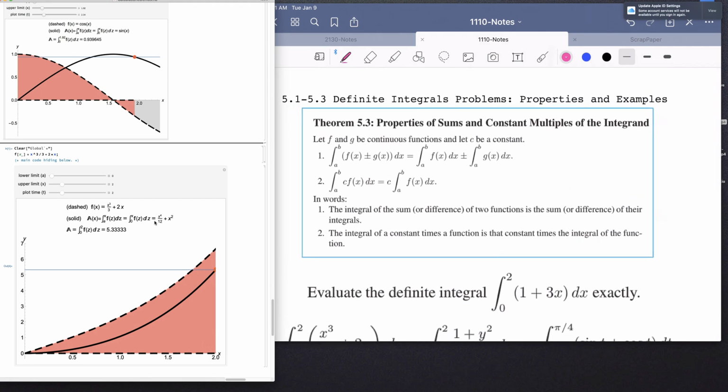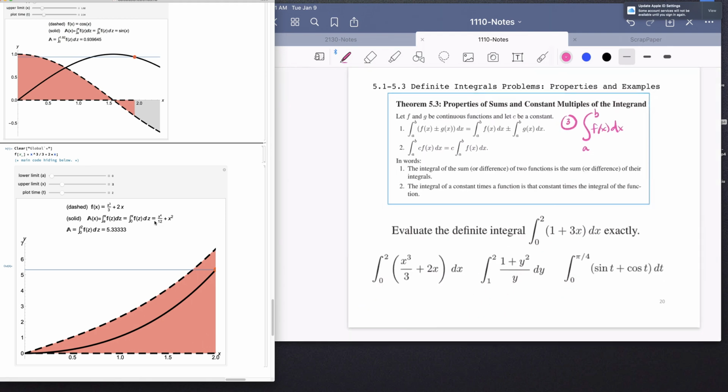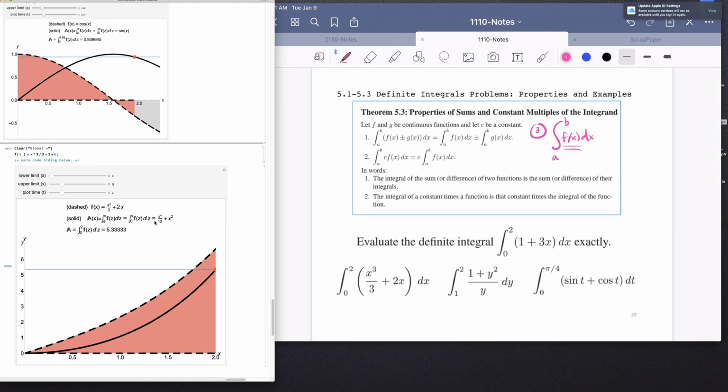There is a third property of the definite integral that we'd like to look at, that the definite integral from a to b of some function, f of x dx, in this case our function is the x cubed over 3 plus 2x function, is equal to the definite integral from a up to some new value of c, f of x dx, plus the definite integral from that value c up to the value b, the upper limit of the original integral, f of x dx.